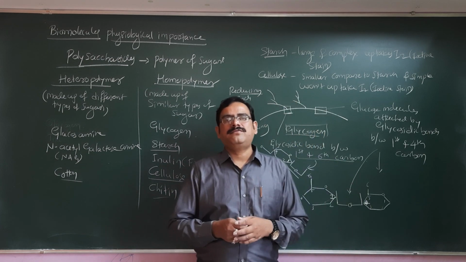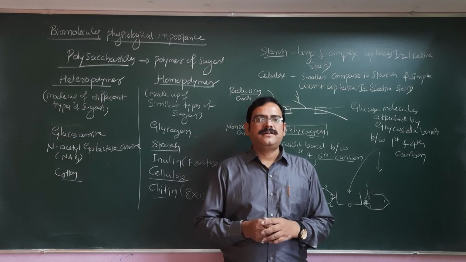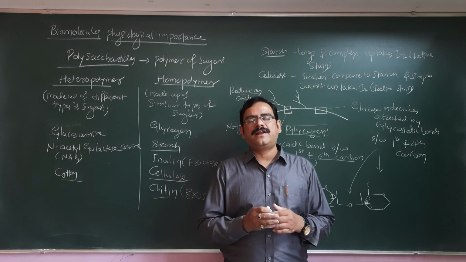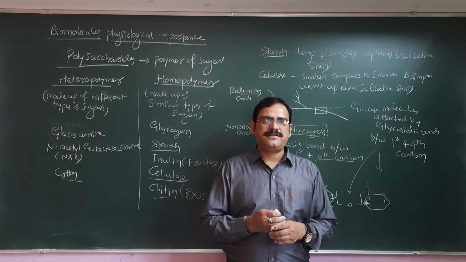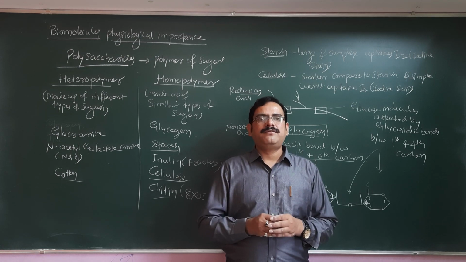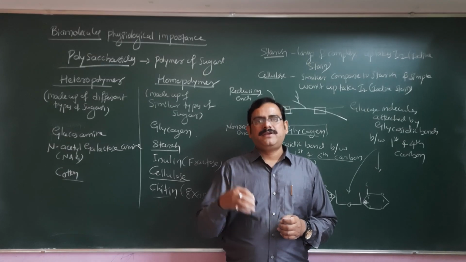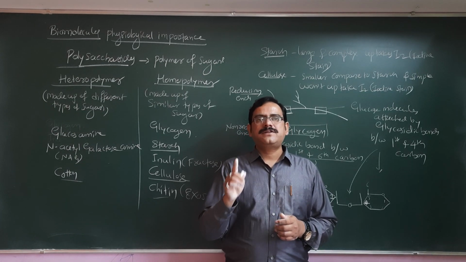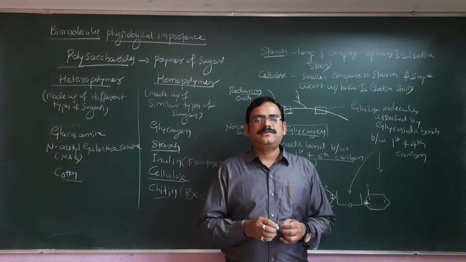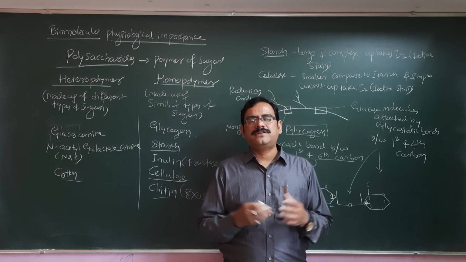Polysaccharides can be homopolysaccharides or heteropolysaccharides. Homopolysaccharide has a similar type of sugars, heteropolysaccharide has different kinds of sugars. And generally the sugar is mainly glucose. As we studied in the earlier class, sugars can be 3 carbon trioses, 4 carbon tetroses, 5 carbon pentoses, 6 carbon hexoses. Glucose is a hexose, and ribose is a pentose.